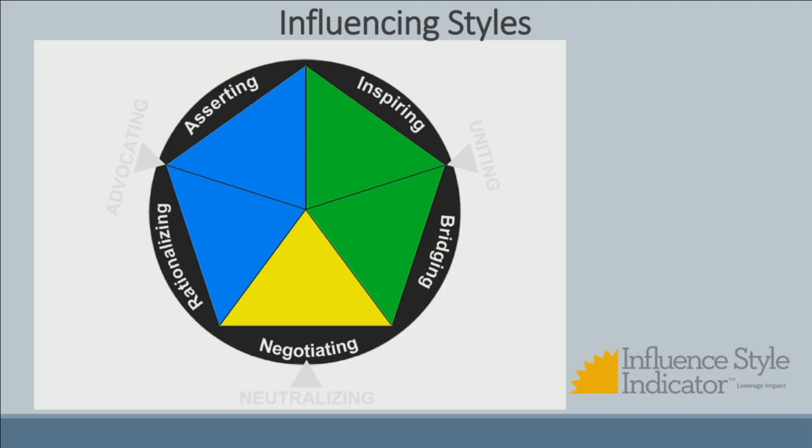Part of the training we like to do with the ISI is to have people that actually have as a preference and as a skill set each one of these influencing styles, to teach how to do that. For instance, get people whose preference is for rationalizing to talk about, here is how one rationalizes. Here are the tips and tricks and insights from somebody who does this.